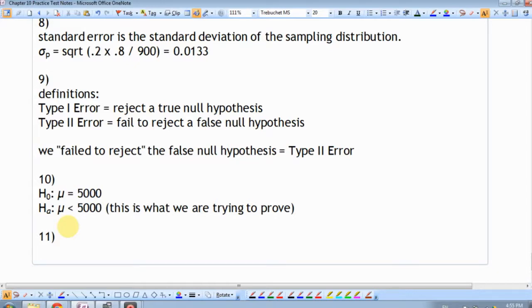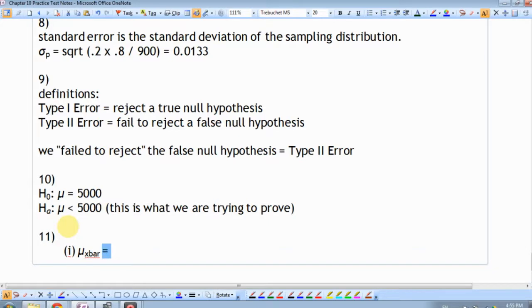Wow, okay, so let's do all of those. First of all, the test statistic. Before we can do the test statistic, we're going to have to do 1 and 2. So 1, mu x bar. What's the difference between regular mu and mu x bar? Regular mu is the average of the entire population.